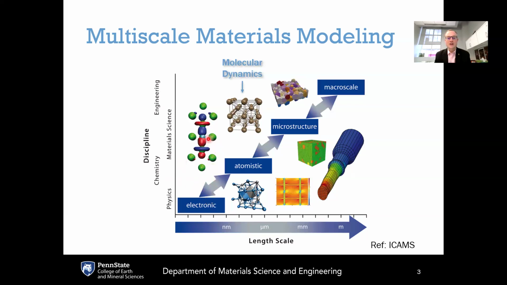And this is done at the quantum mechanical level. So the finest, smallest length scale for doing materials modeling would be at this electronic level using quantum mechanical simulations such as density functional theory or Moeller-Plesset perturbation theory.